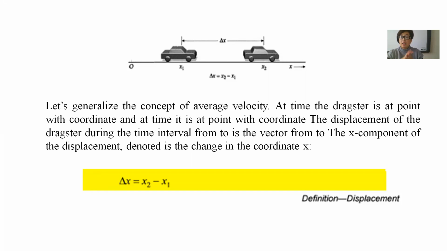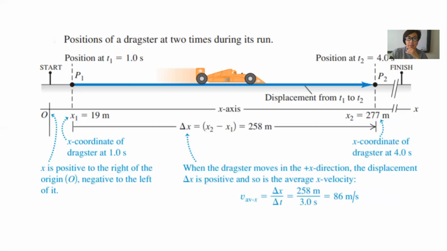And the displacement of the dragster during the time interval is a vector with an x component. Here this figure shows the x direction, and displacement shows the change in the coordinate x.